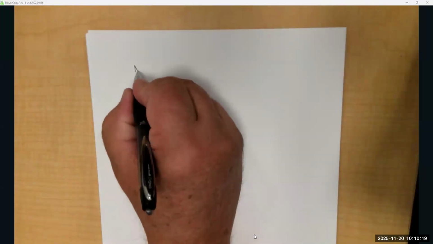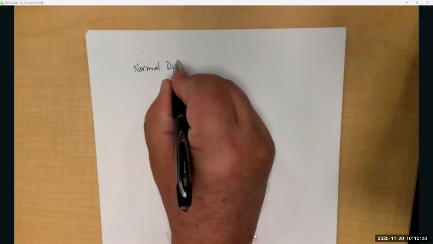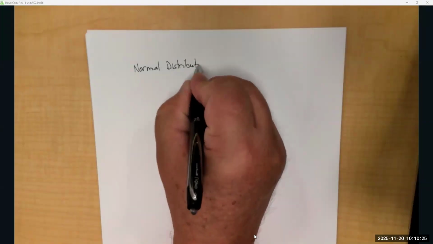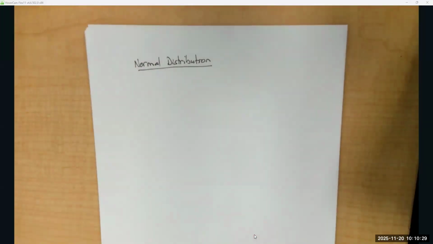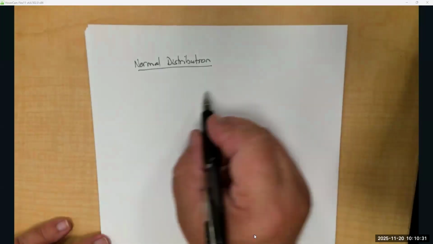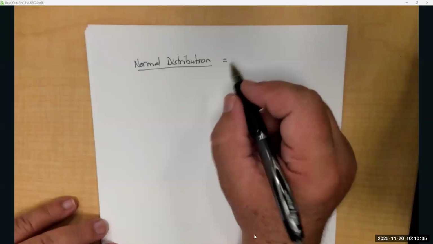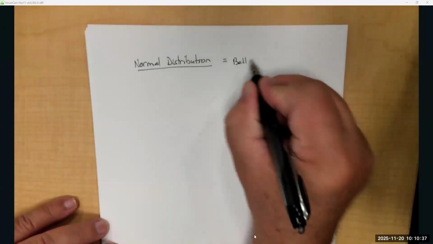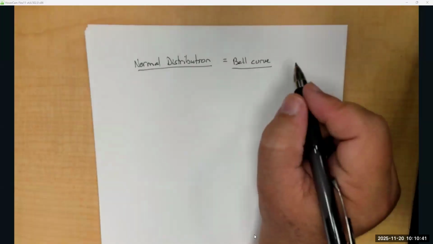Now, in general, whenever we talk about a normal distribution, you guys know it as the bell curve. What does the bell curve look like?